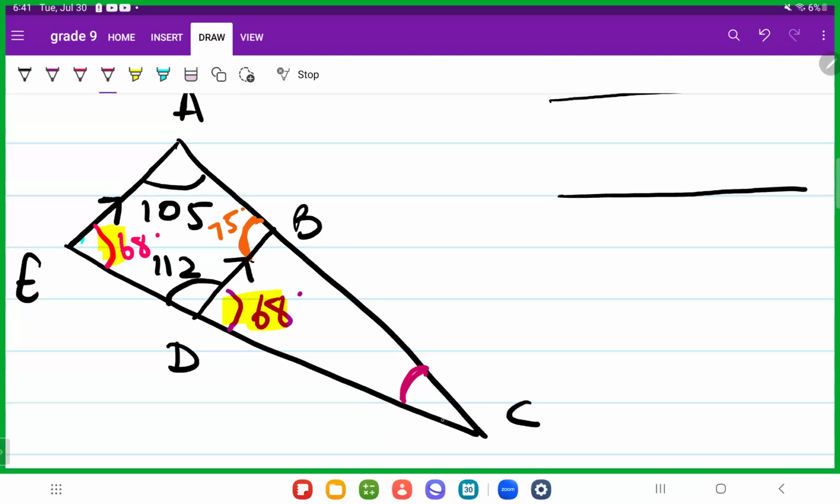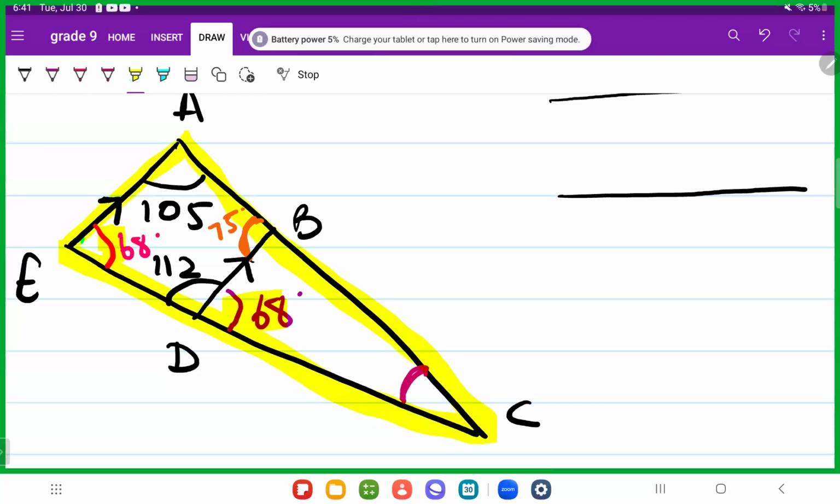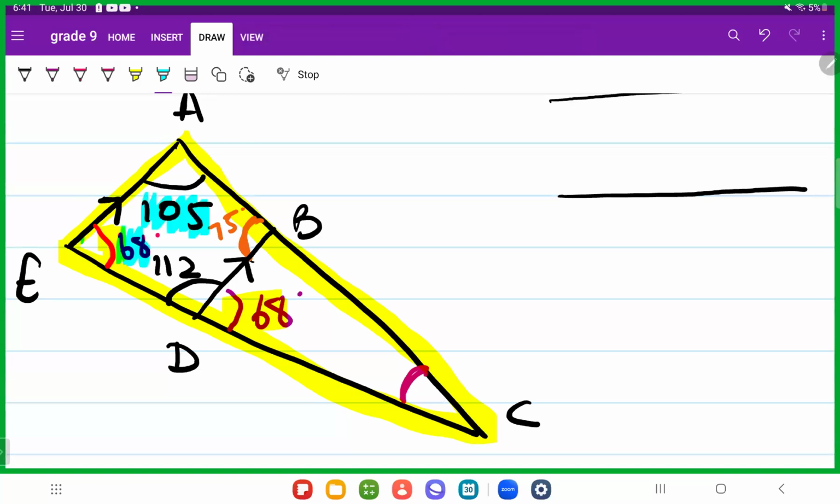I found the other angle, like angle C, angle B. Okay, but we do not need that. Can you see this big triangle? We already have two angles of the triangle, right? We need the third angle. So can we do sum of angles in a triangle?